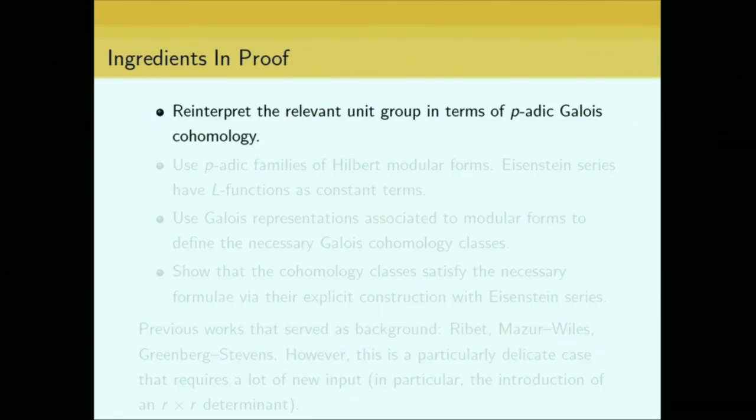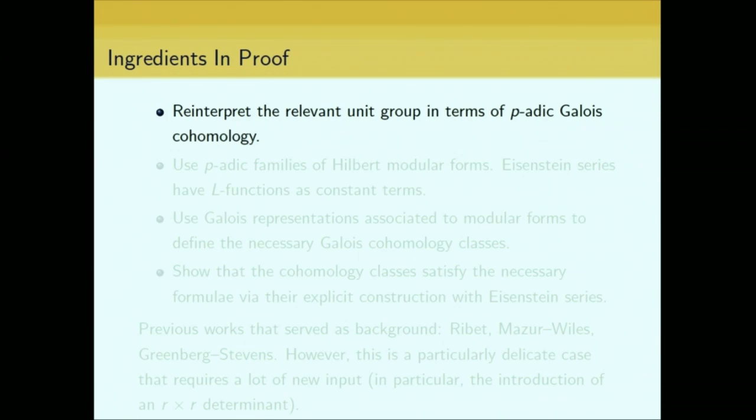But let me, for a moment, talk about the proof a little bit in a very vague way. These ingredients will go into the methods that I'm going to talk about in more detail later in the talk for the question that I actually care about, so this will be a good introduction to that. The first step in the proof is to reinterpret the relevant unit group in terms of p-adic Galois cohomology.